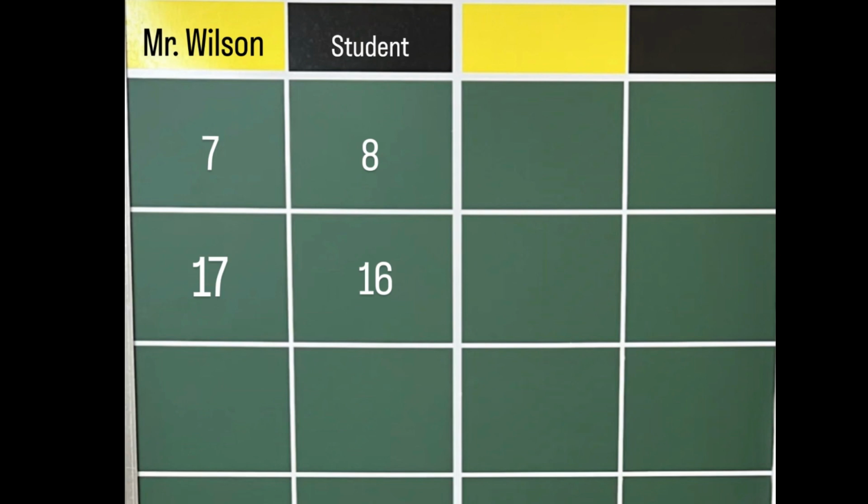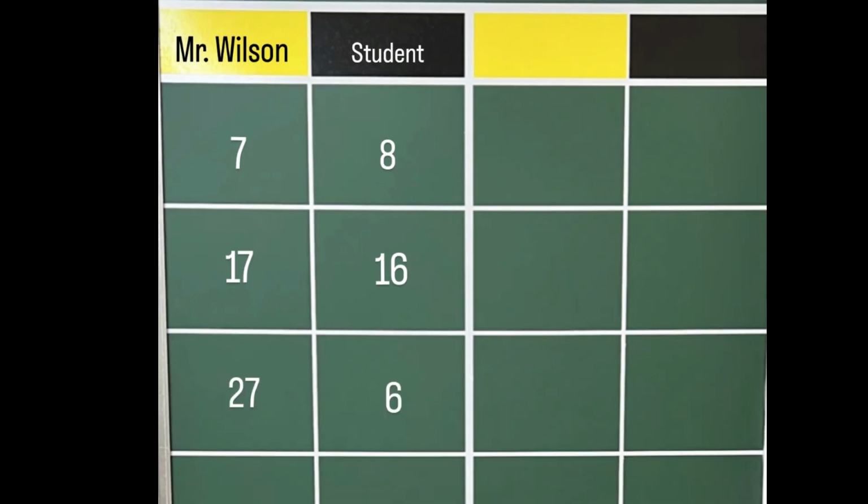Think about it for a few seconds. If you guessed 10 for my teammate, you were absolutely right. And if you guessed 8 for the student's teammate, you were absolutely right. Because they received those points, we add that round to the previous round, and the score would be 17-16.